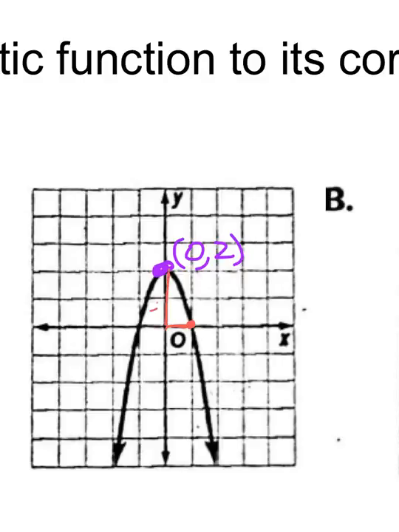So we're going down 2, right 1. That's going to give us our 1 unit slope of negative 2 over 1. But that also, as we learned in the last video, corresponds to the a value. Negative 2 over 1 is negative 2. Again, that's the 1 unit slope.